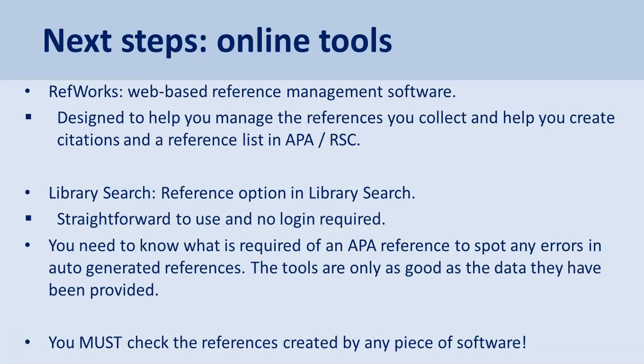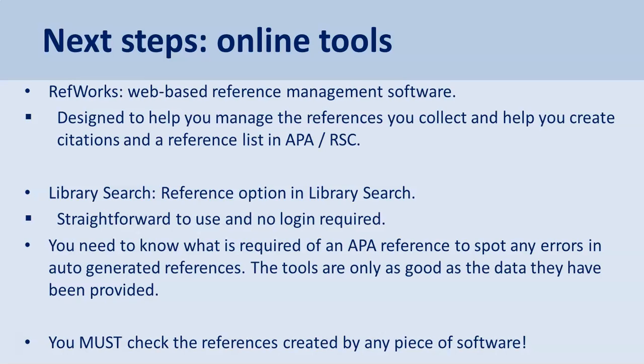So next steps, some online tools. Just a reminder about RefWorks, and you can find that off the library online page. It's designed to help you manage the references you collect. Well worth signing up to that, it's free. We also run drop-ins on that, and you can find that through the study skills pages. You can also reference your resources through library search, and you'll see a reference option.